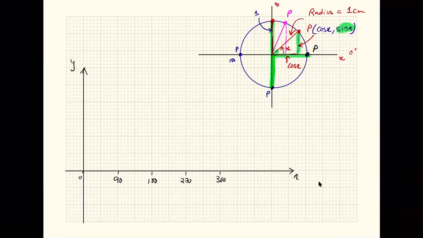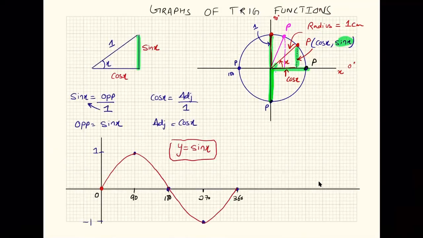Now coming back to our triangle, which was this, the horizontal distance is represented by cos x.